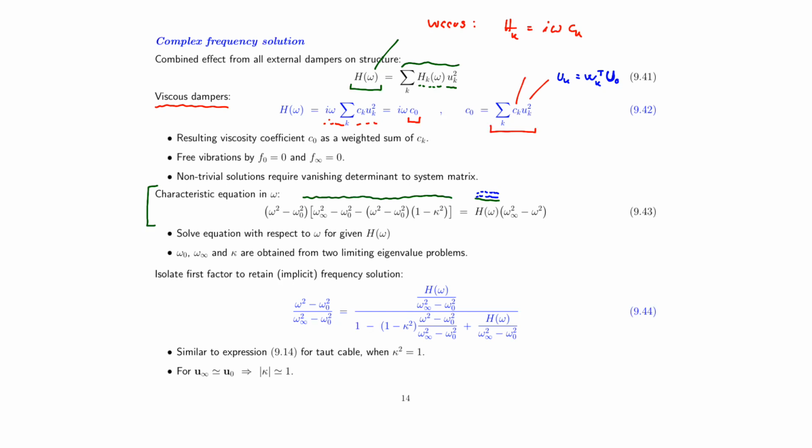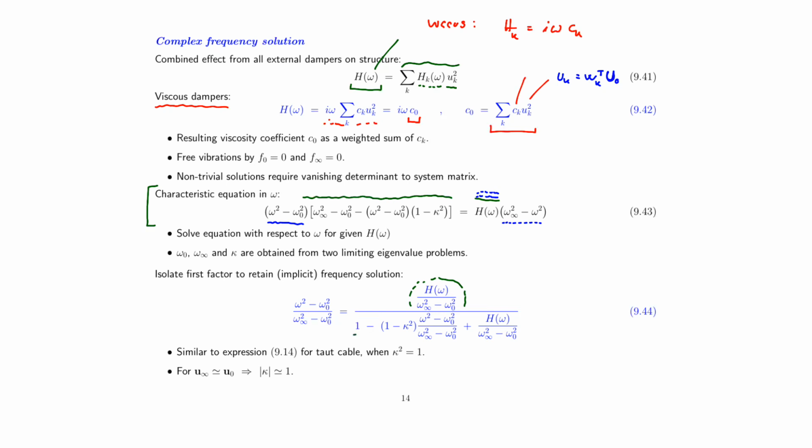Now, what we're going to do is isolate omega squared minus the natural frequency omega 0 squared on the left hand side. We're going to divide by the infinite change, and on the right hand side we then get a fraction where in the numerator we have h divided by the change in frequency squared.